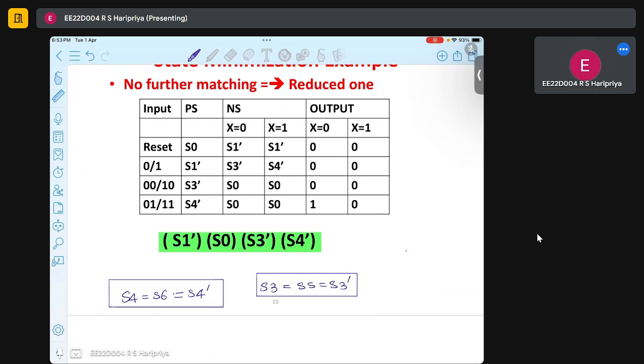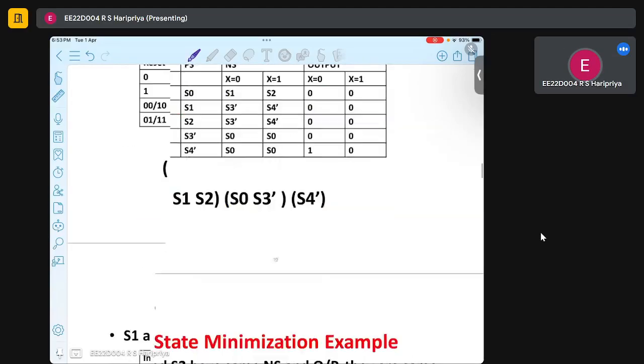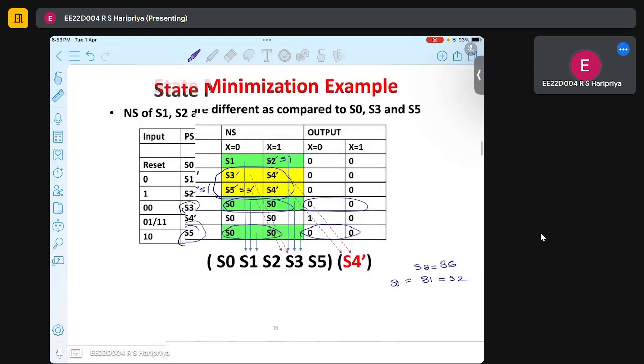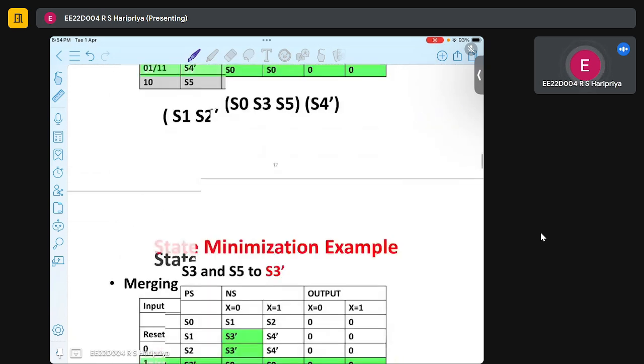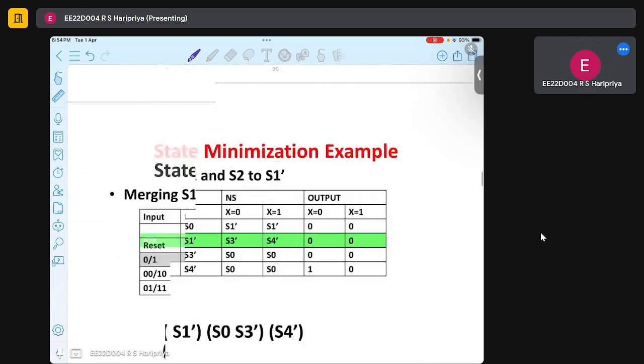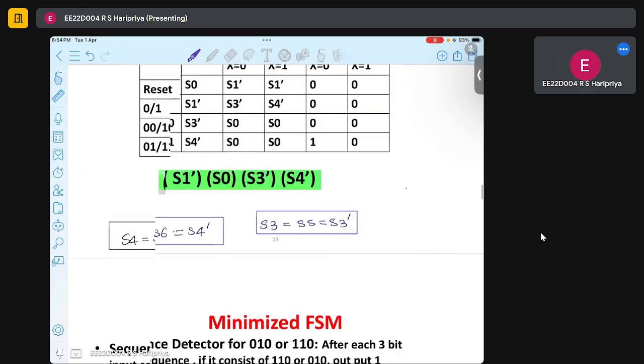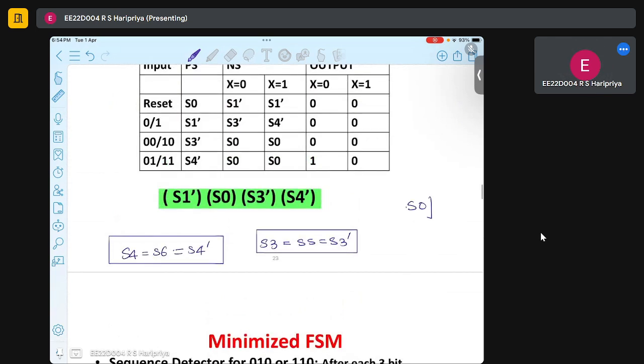And then, I think S0 is different. S0 remains different. And S1 and S2 are the same.